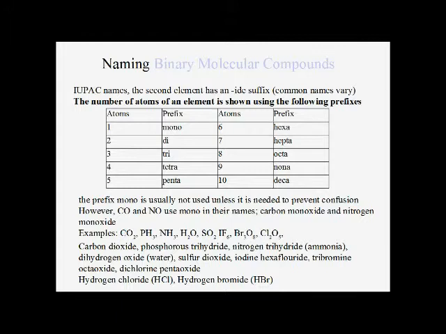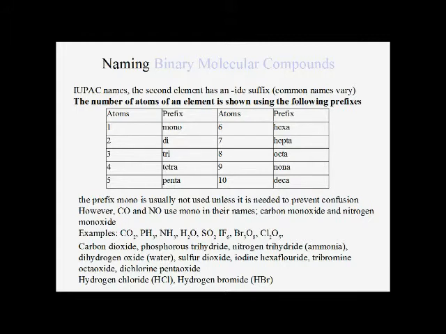The prefix for one is mono, and we rarely use this one, just like we rarely use the number 1. 2 atoms would be di, 3 tri, 4 tetra, 5 would be penta, 6 hexa, 7 hepta, 8 octa, 9 nona, 10 deca.